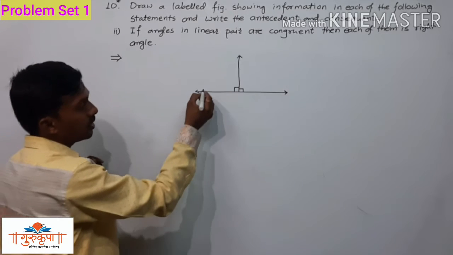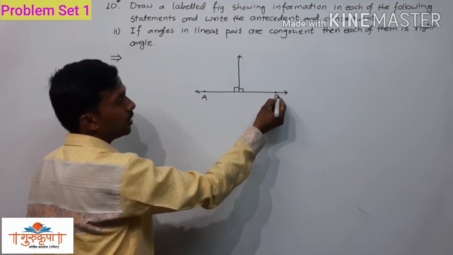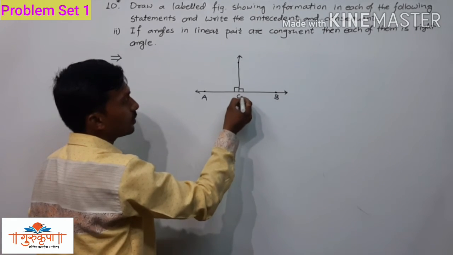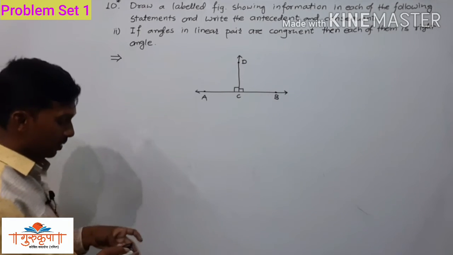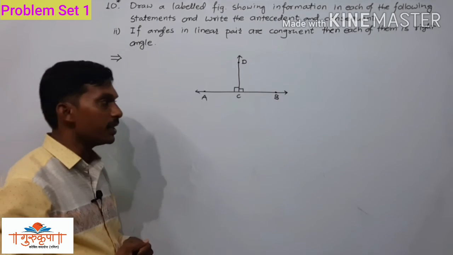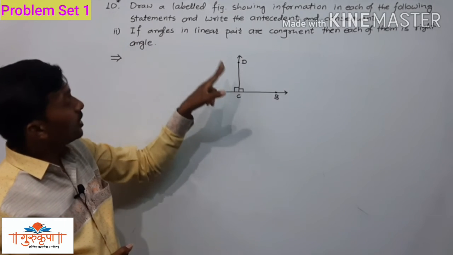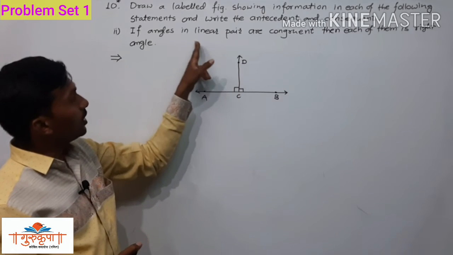So here we give the names. It's line AB and the angles formed, point C, and here we take the point D. Here we draw a labeled figure in which we have angles in linear pair which are congruent.